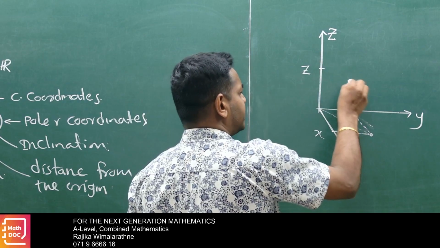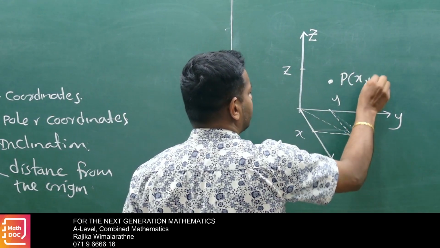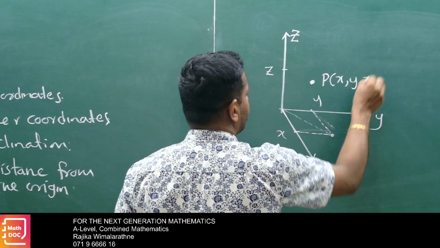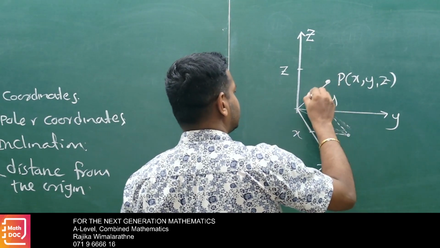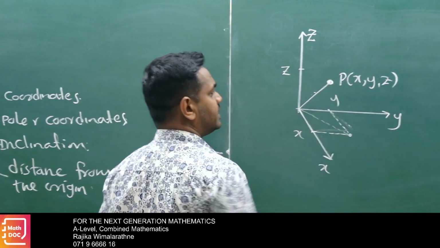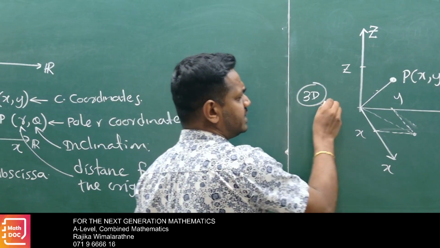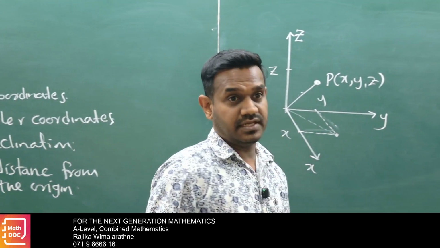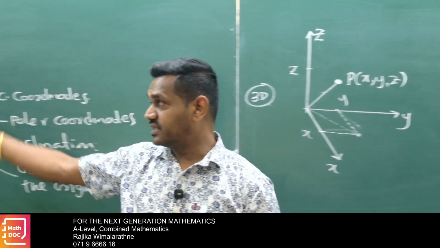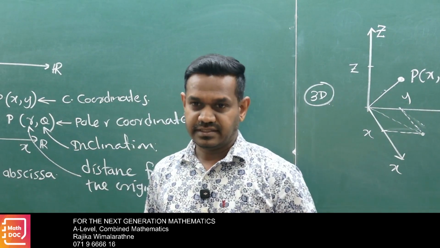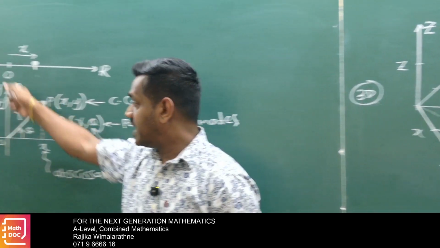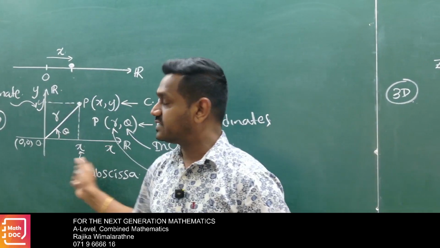I'll take a point P here, x comma y comma z. So we need 3 coordinates in a 3-dimensional plane. We have to think a little about 3 dimensions, but anyway we discuss everything under 2 dimensions. So here the real axis, and we say this is the Cartesian plane.